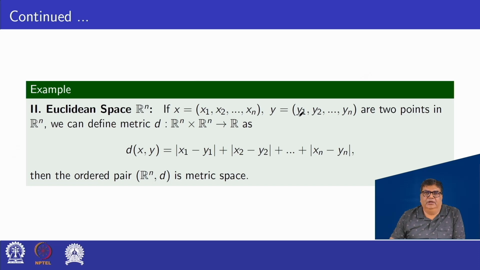Similarly, y is equal to (y1, y2, and so on, yn) are points of Rn. We can define the metric d: Rn × Rn → R as d(x,y) is equal to |x1 − y1| + |x2 − y2| + and so on + |xn − yn|. Then the ordered pair (Rn, d) is a metric space.